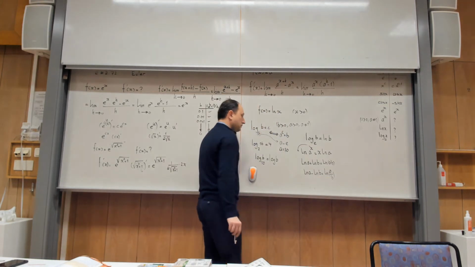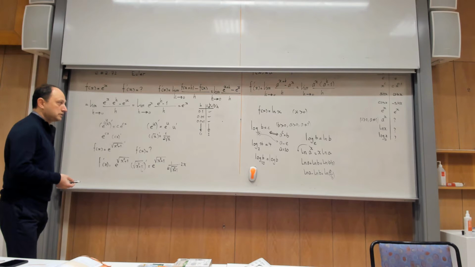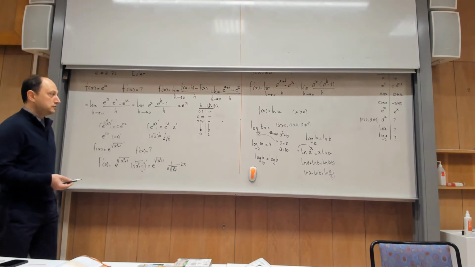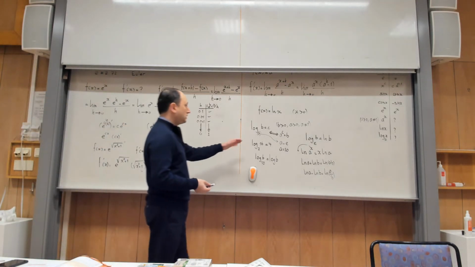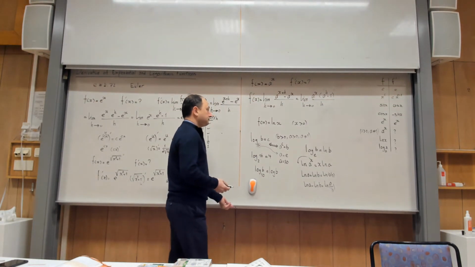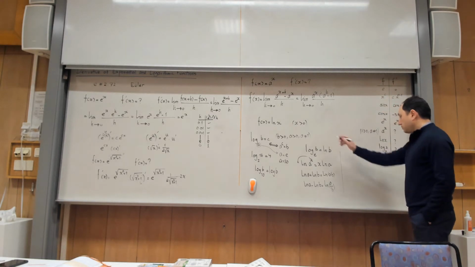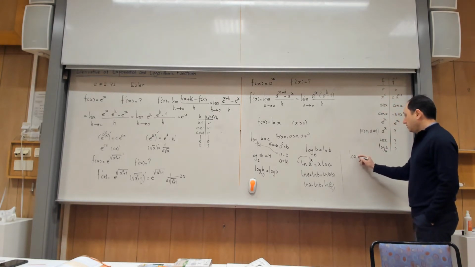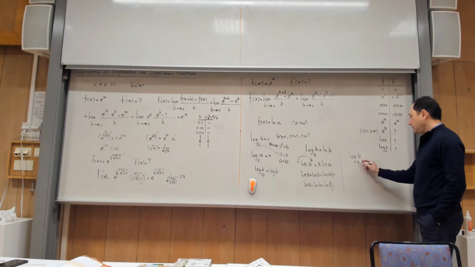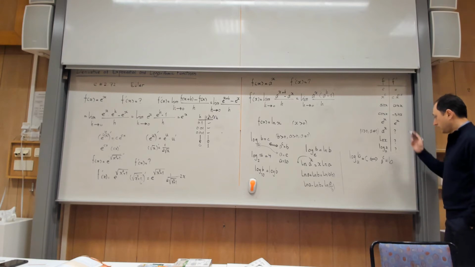So these rules, hopefully you remember. And if you don't, you can ask me questions. But one rule that is very important for us is actually more or less the definition of the logarithm. So let me explain it here. When I told you that log of b in base a is c, this means that if I raise a to power c, the answer becomes b. That's the meaning.